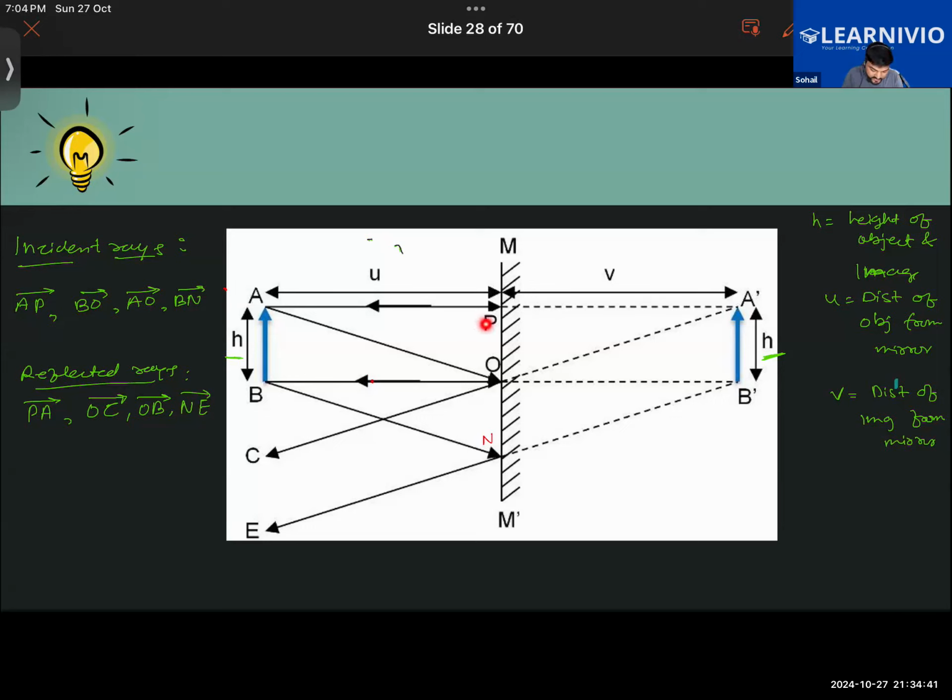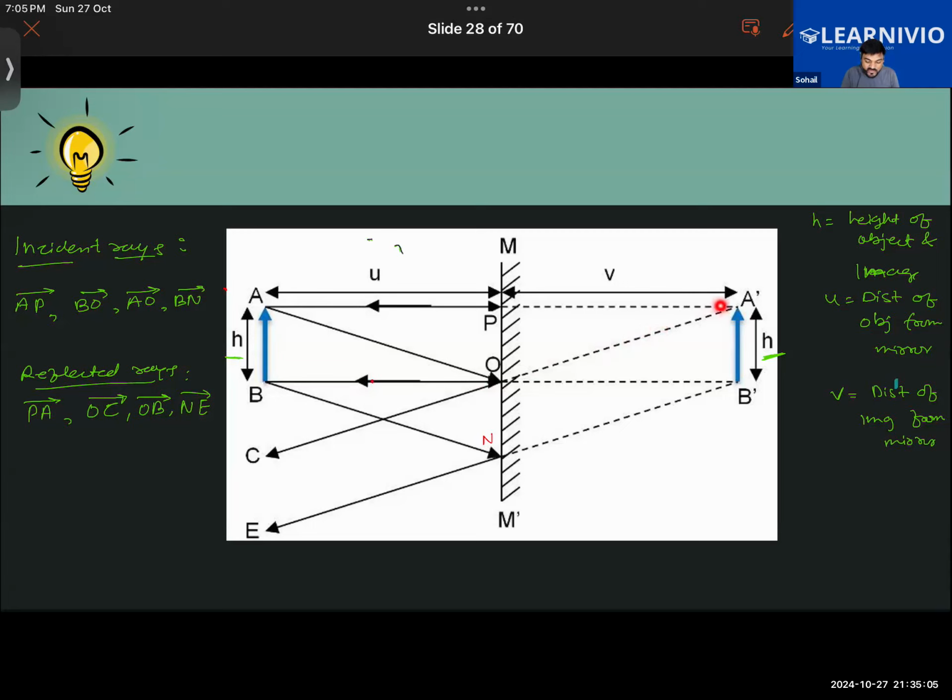Now, AP and OC, they are diverging rays. So we are extending them behind the mirror to find the point of intersection. What we have done, we have drawn the ray AP and we have drawn the ray OC back behind the mirror.